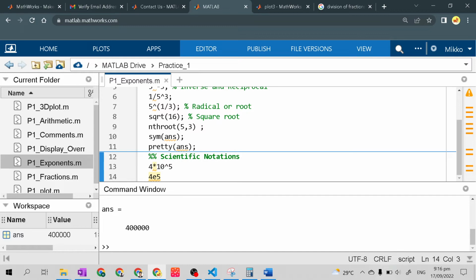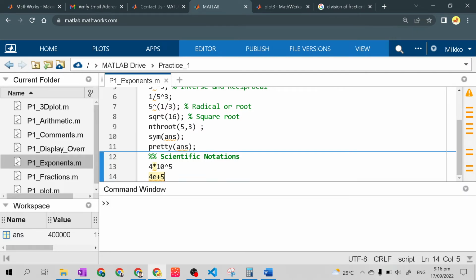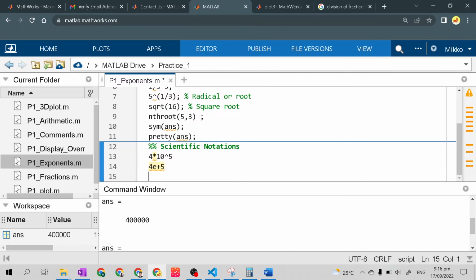Let's try to put a positive 5. Okay, F5. If you want a negative exponent for your scientific notation, just make it negative.